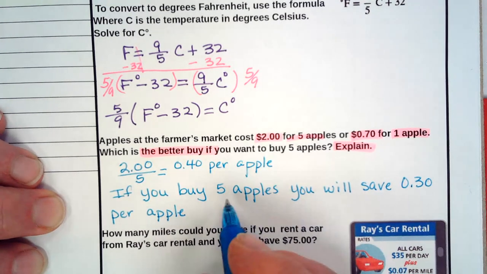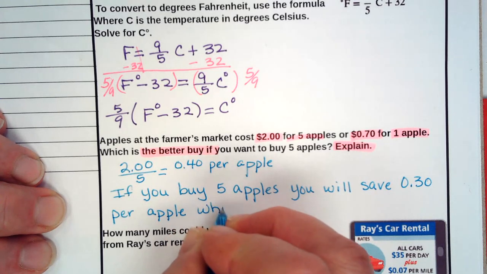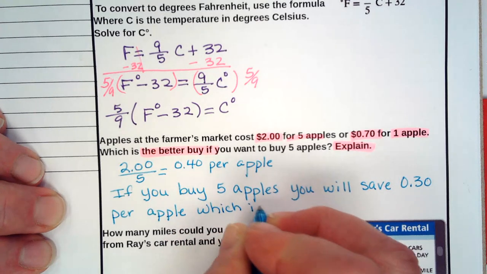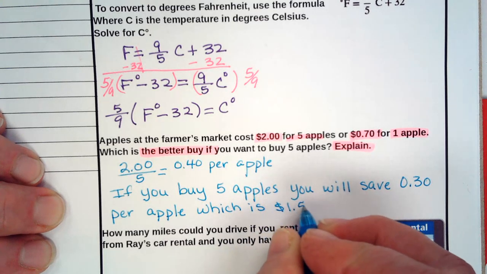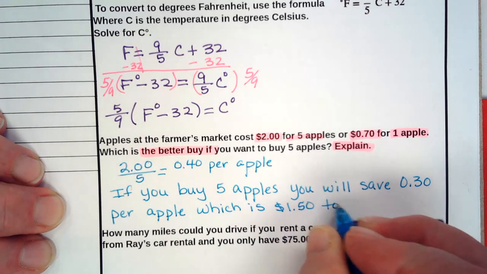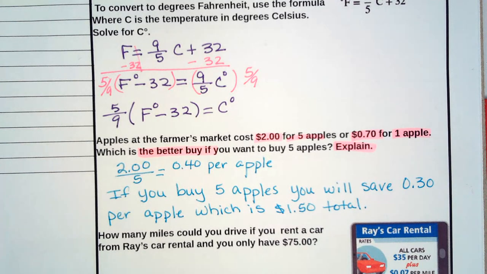Okay, and 30 cents times 5 is $1.50. So if you buy them in groups of 5 instead of in groups of 1, you'll save $1.50.